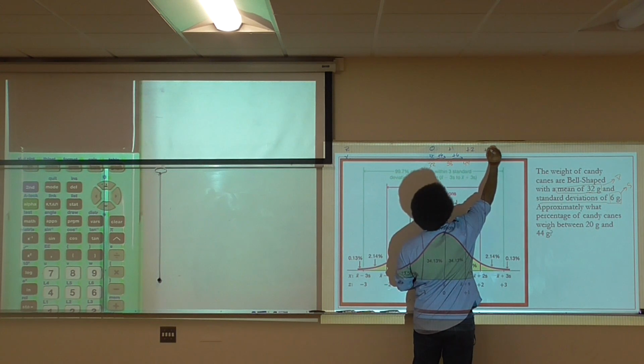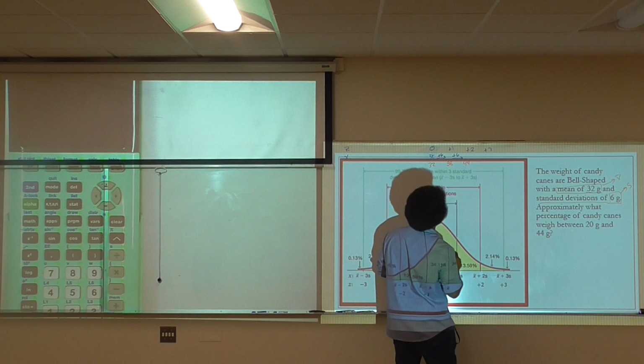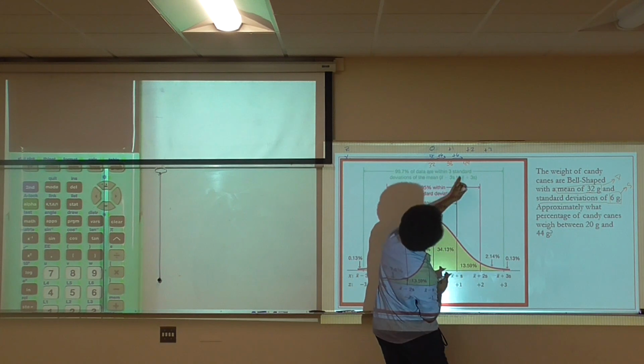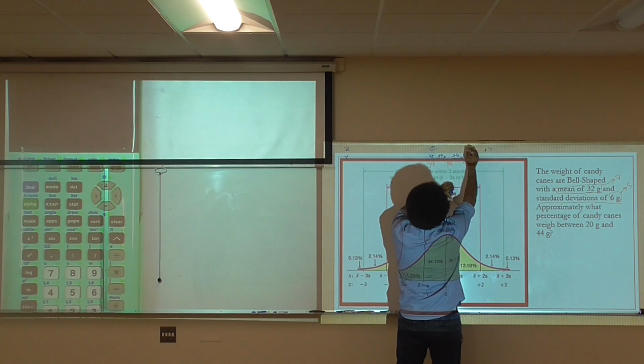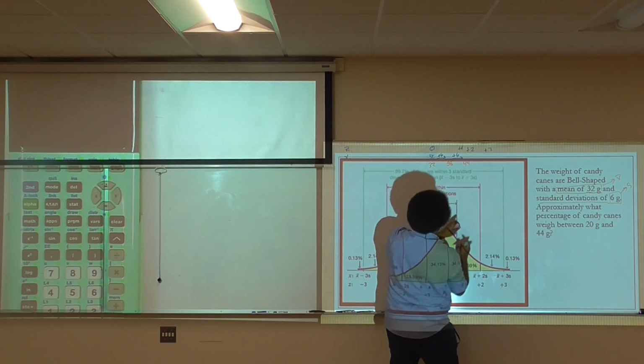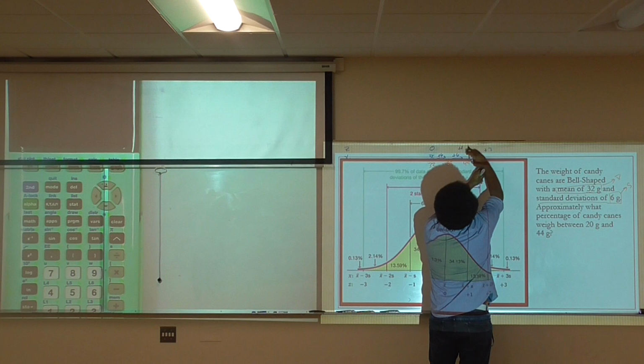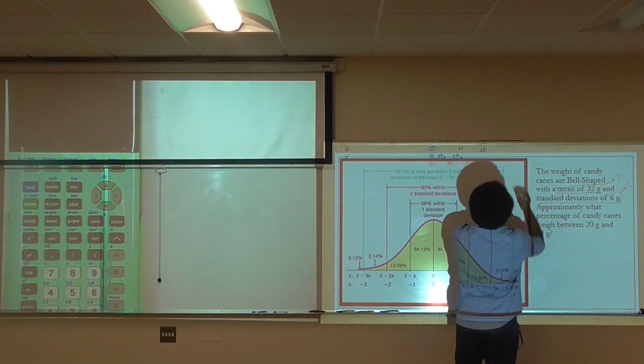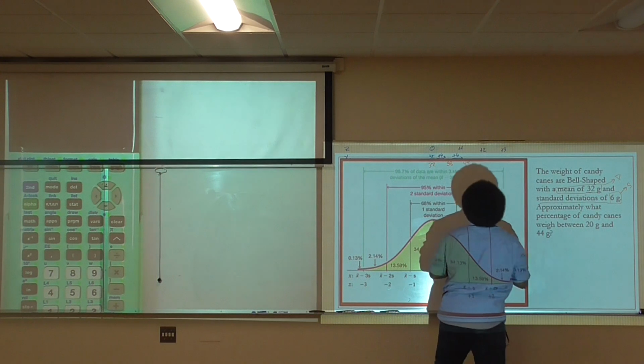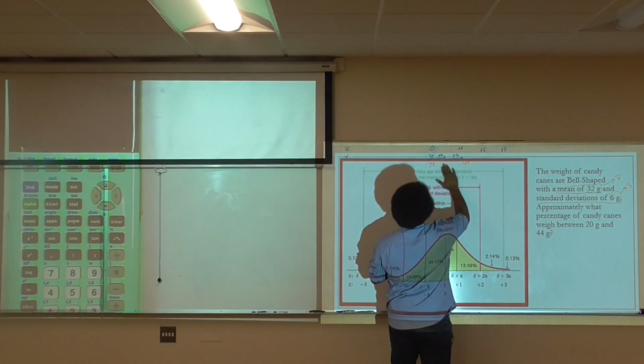If I'm going to get to the third standard deviation, I'm going to try to keep it consistent with the grid. One is right here, 1, 2. Let me just fix this real quick.